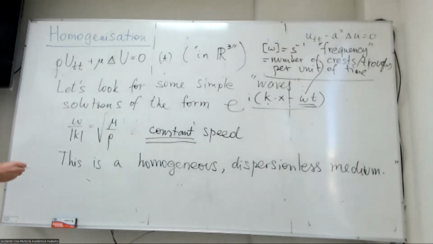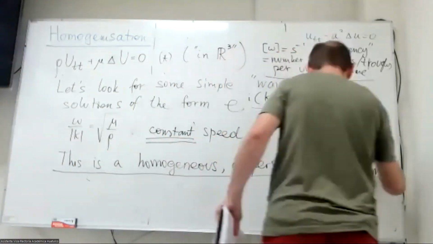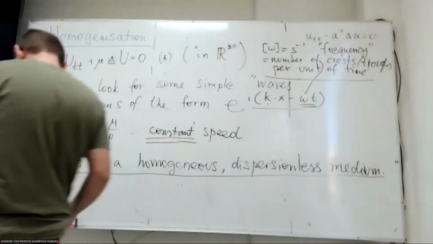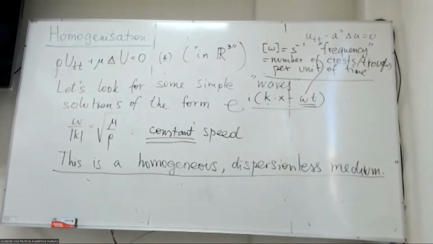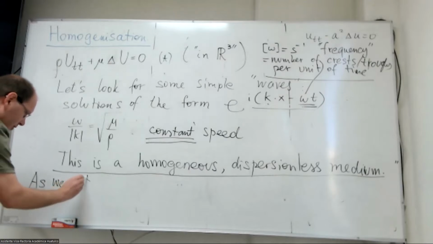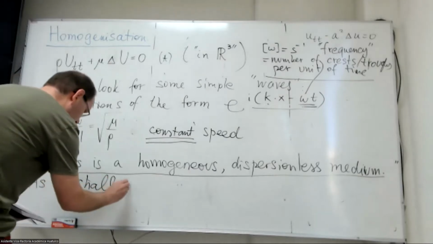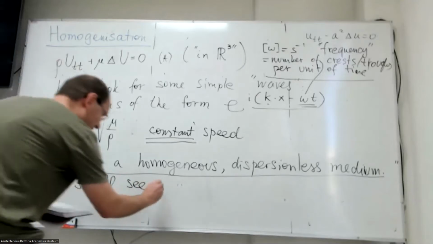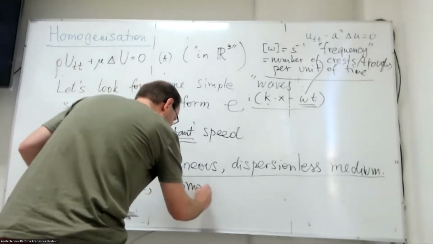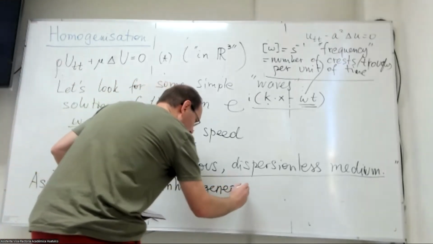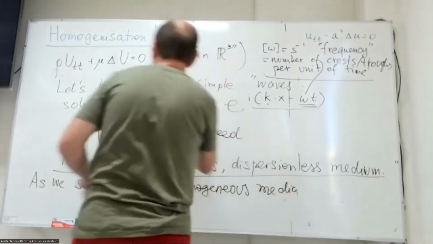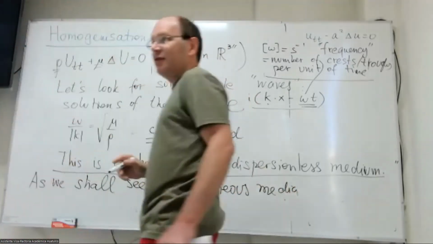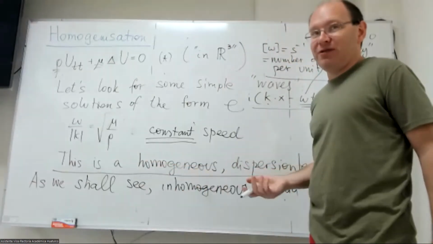Okay, and just to conclude, this part is just to know that, as we shall see later, inhomogeneous media will be the next step for us to consider. Something will happen to these coefficients, so they will not be constant anymore.